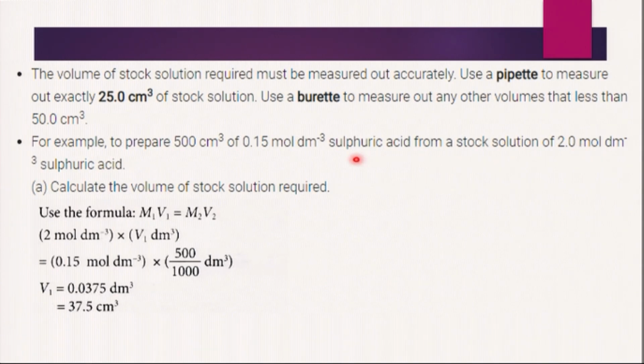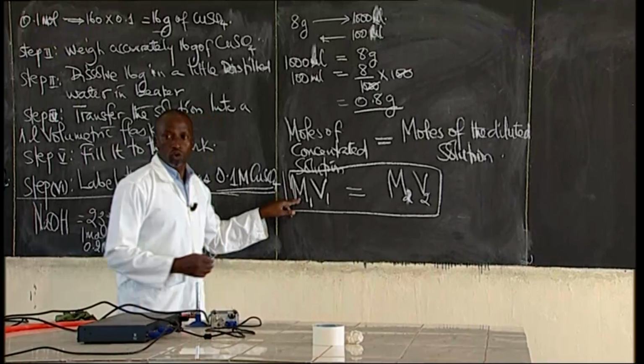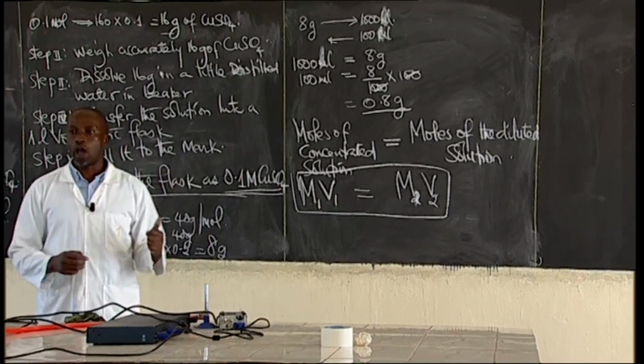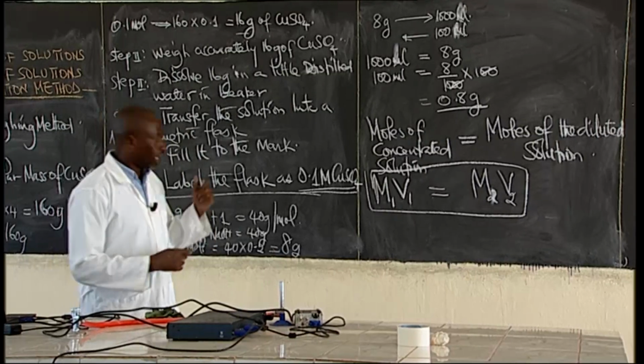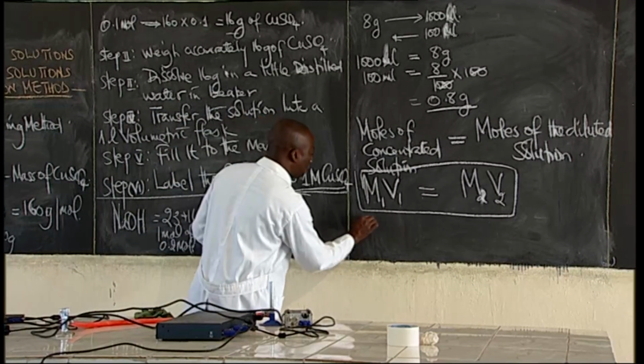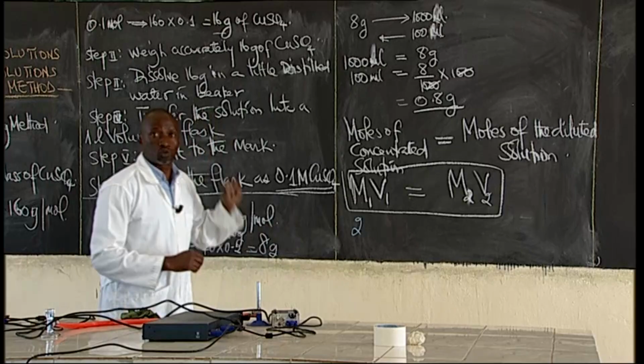So you need to prepare 500 centimeters cubed of 0.15. This concentration is lower than the stock, so you are diluting the solution. Once you are using this one, you need to note what will be the M1. The M1 is the molarity of the concentrated solution. In that case, we are using 2, that is 2 molar.